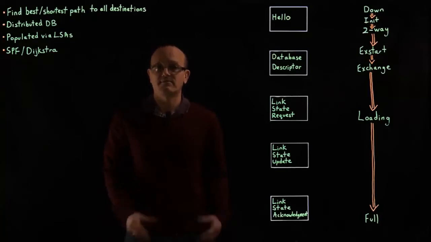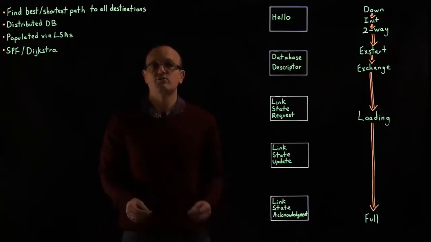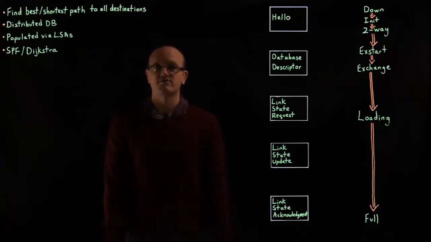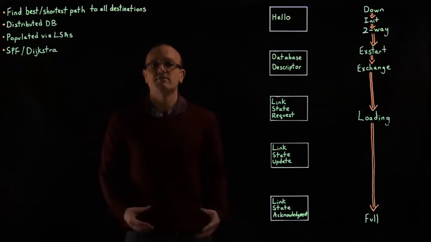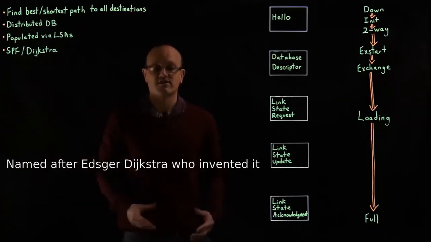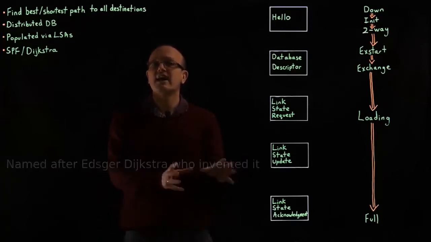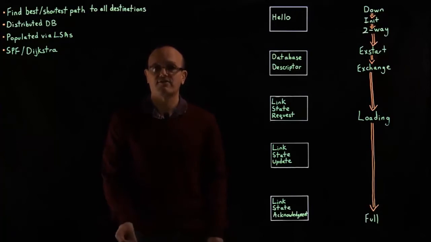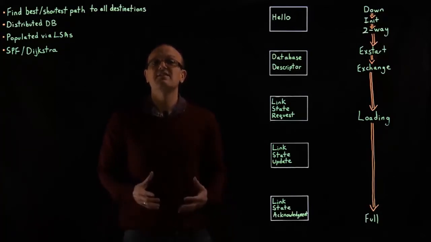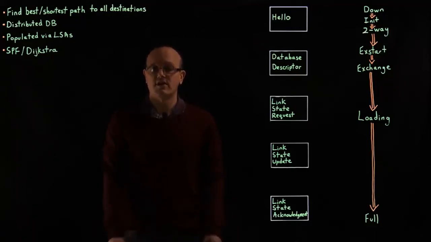So against this database, we then need to determine the best way to get to those given destinations. And this is where the SPF algorithm, sometimes called the Dijkstra algorithm, comes into play. And this algorithm runs against that database to find the shortest paths to all the destinations contained within it. The exact operation of this algorithm is beyond the scope of this video.